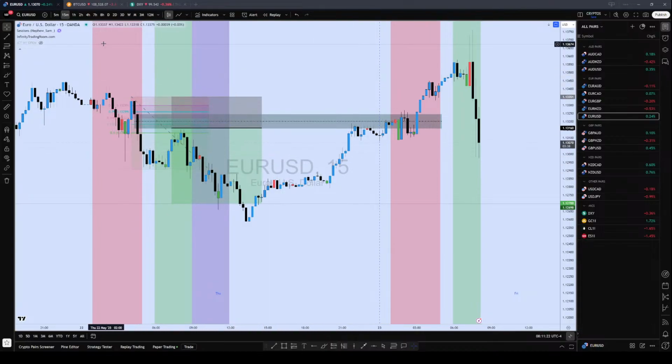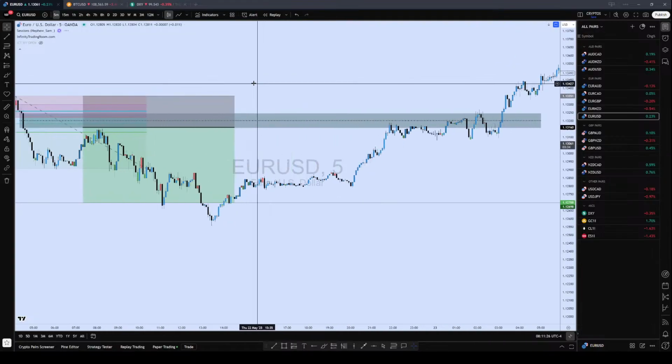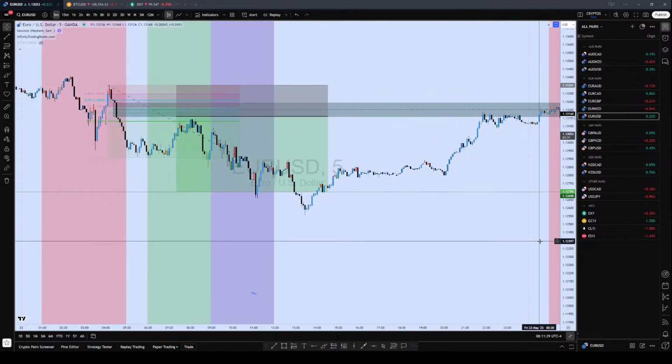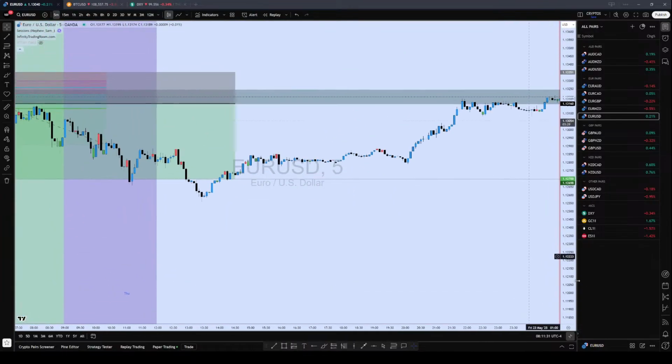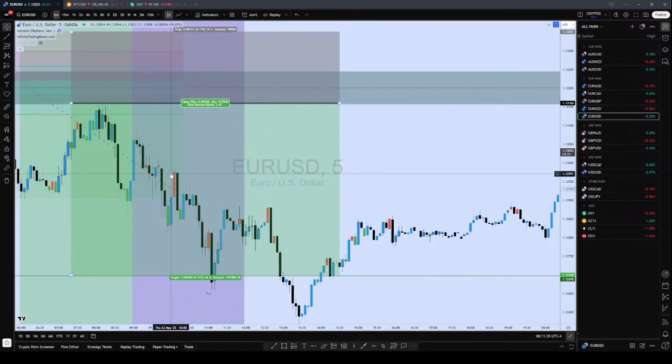This is the 15 minutes time frame, but if you go into the 5, you see we created a gap. So this would have been an entry for you. This gap here could also have been an entry. This one here could also have been an entry.